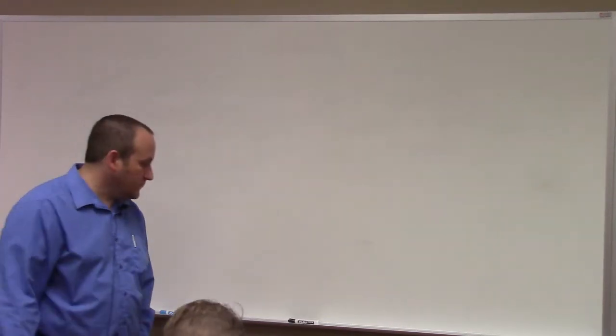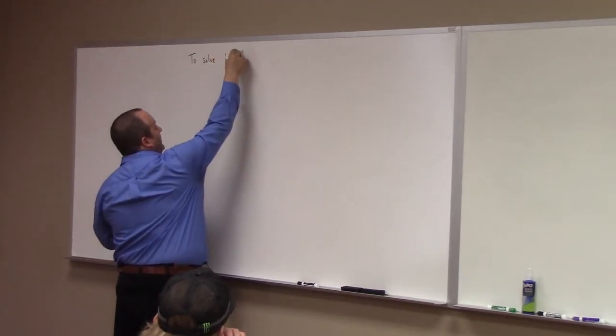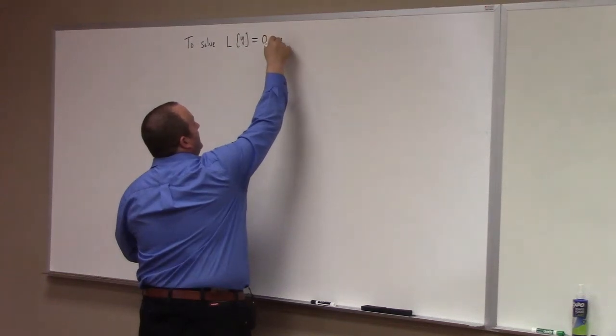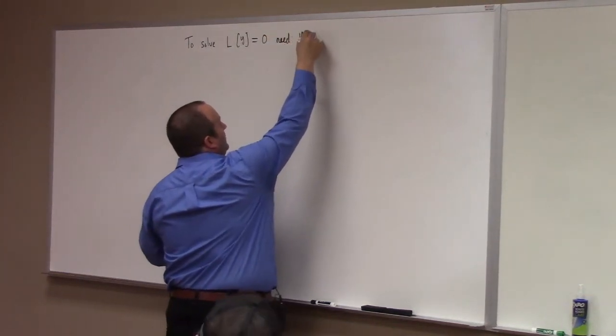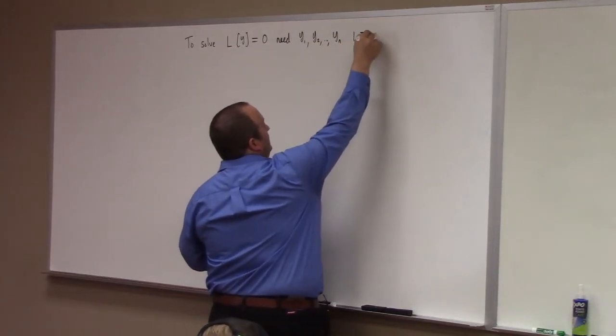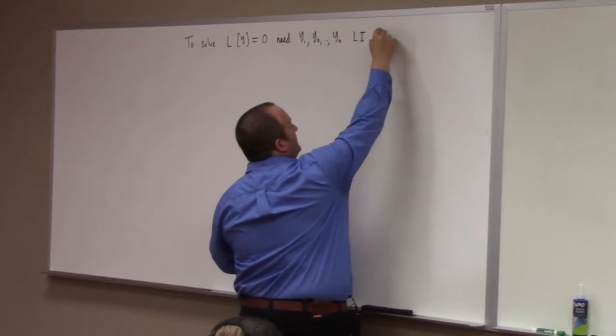Amen. All right, so now we know the task that's in front of us, right? To solve L of y equals 0, we need y1, y2, ..., yn, linearly independent functions, well, more to the point, solutions.